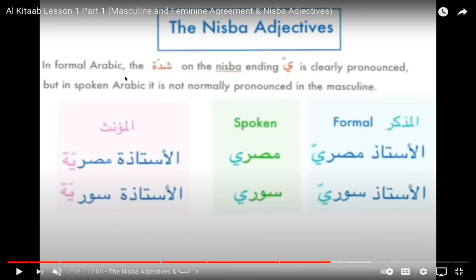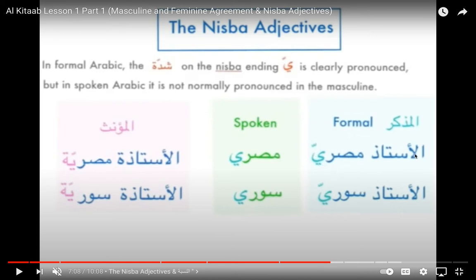For example, in formal Arabic, the shadda on the nisba ending ya is clearly pronounced, but in spoken Arabic, it is not normally pronounced in the masculine. What does it mean? If I wanted to give a nisba, so this is an adjective, which is the nisba.